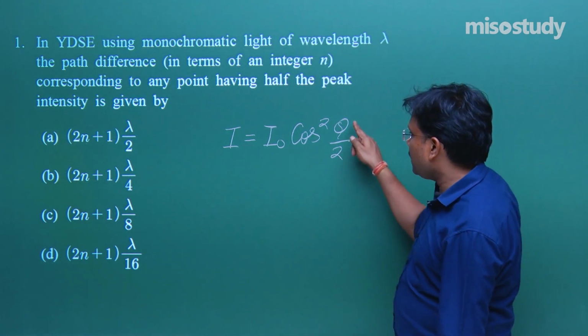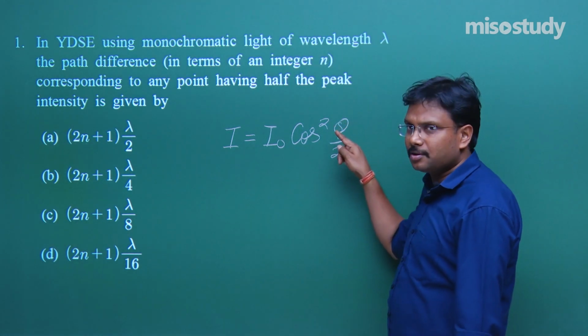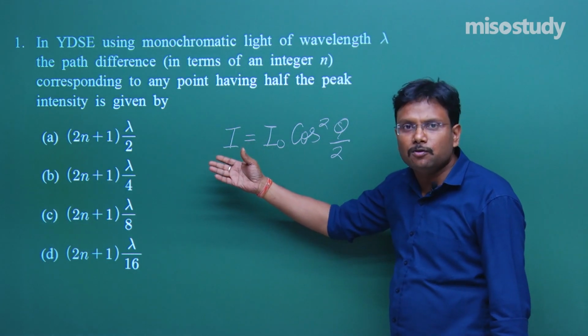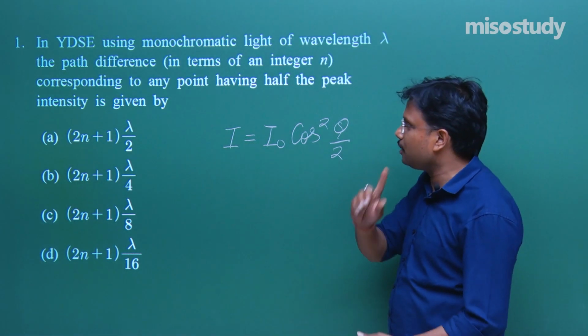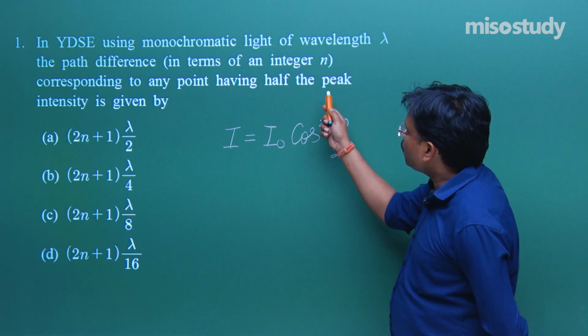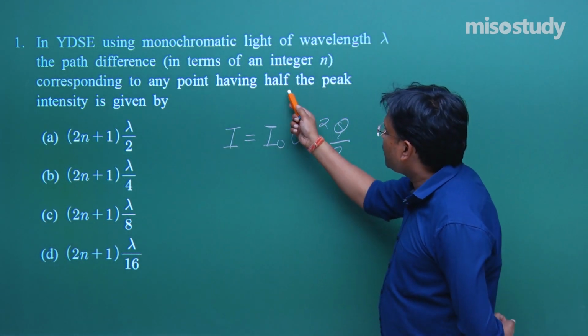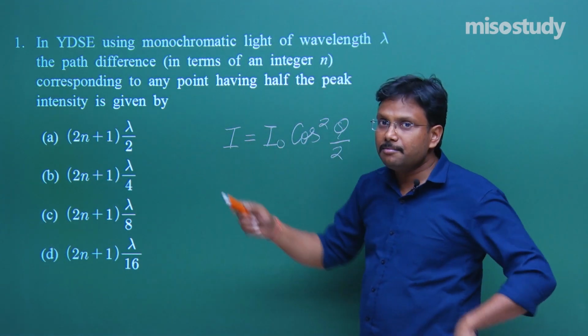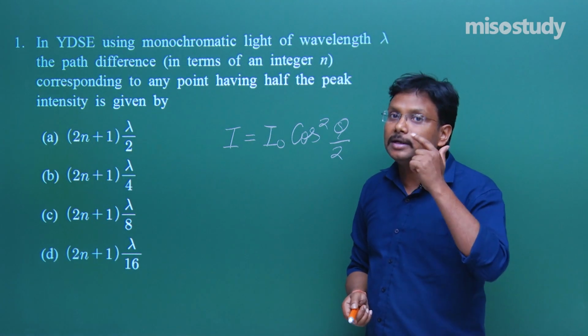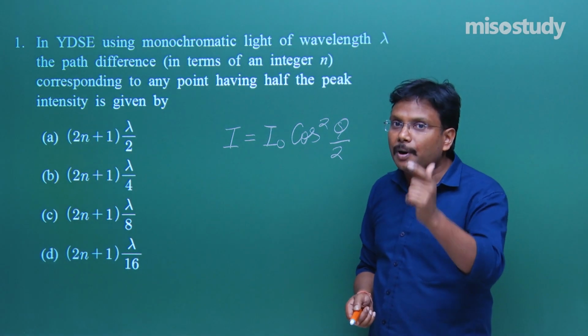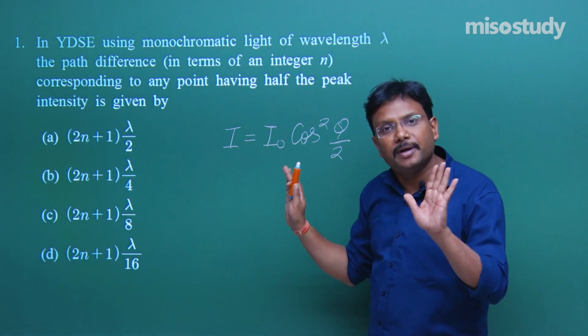If we can find this, then we can find the variation of intensity. One more important aspect: the last line says half the peak intensity, which means I is equal to I naught by 2. It is given in the problem itself.